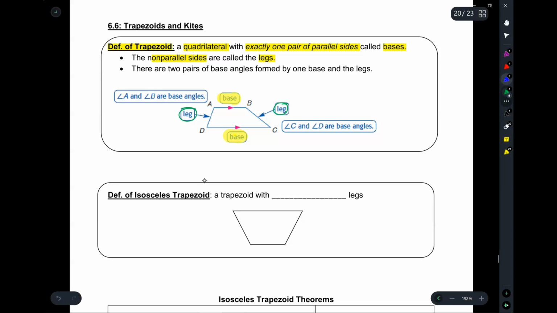So for example, this and this, A and B, are base angles. They're formed by a base and a leg. And also this D and C are formed by one base and one leg. Those are base angles. Okay?